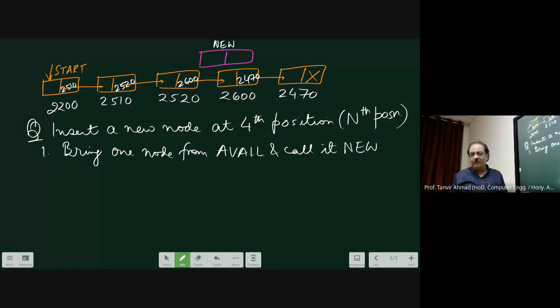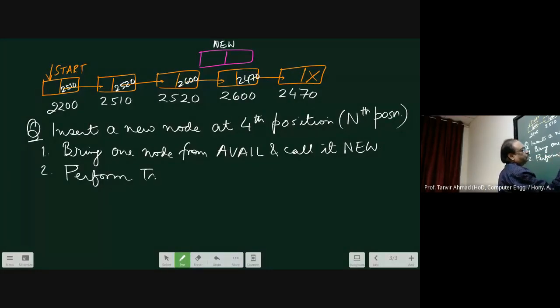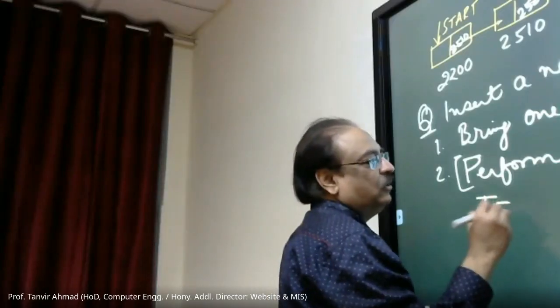Now the second step is to traverse. Again, I will say T is equal to start.